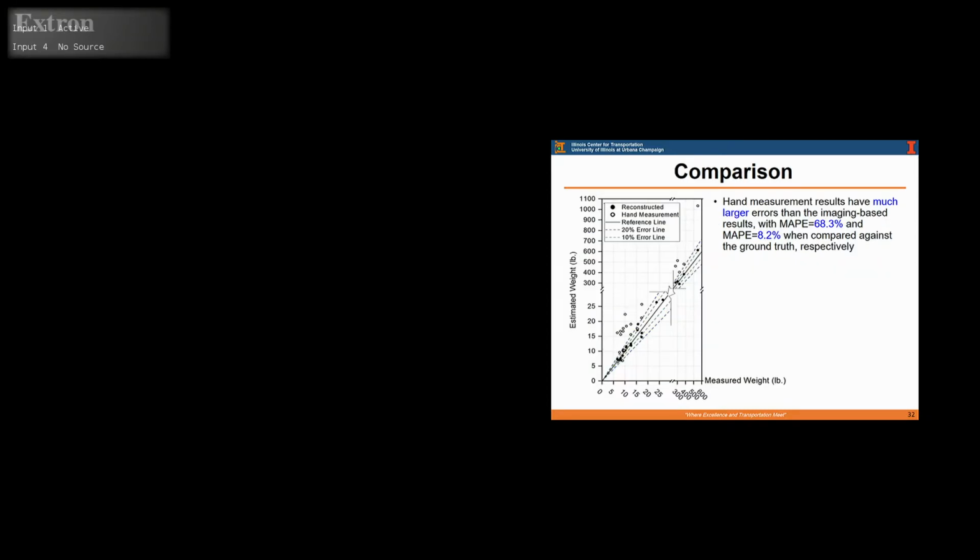Also, remember, some engineers were also doing the hand measurements. We also made a comparison between the imaging results and the hand measurement results. This shows the comparison with the current practice accuracy.